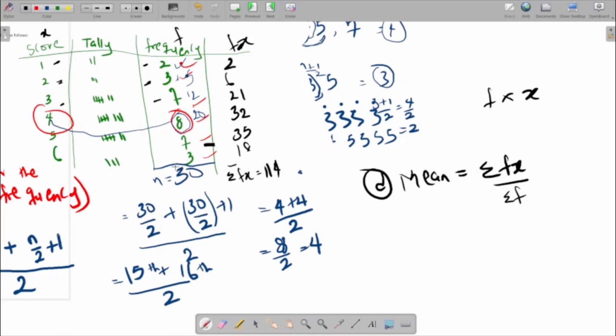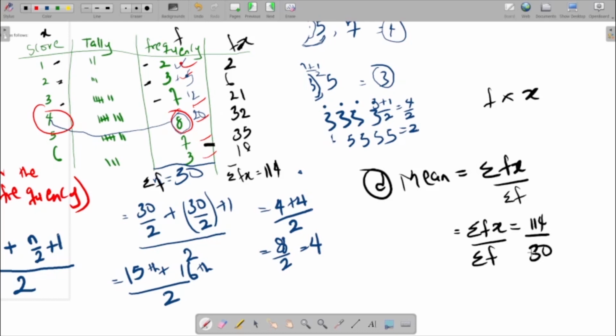And our frequency, we add them together from here to here, you have 30. So this is the summation of our frequency here, which is 30. So our summation of fx equals 114 over the summation of f, which is 30.